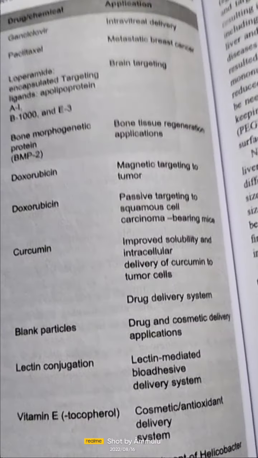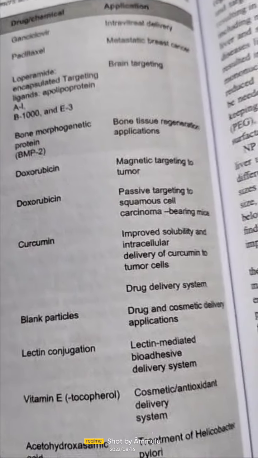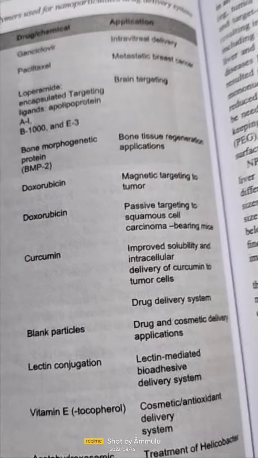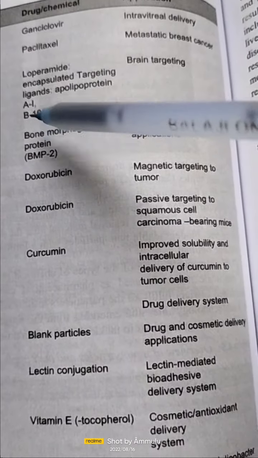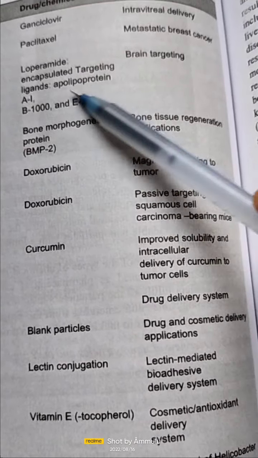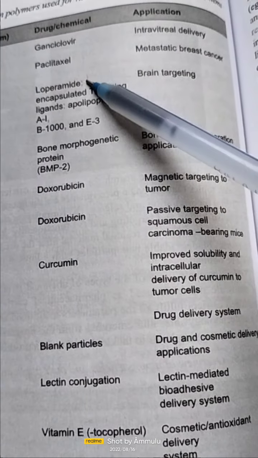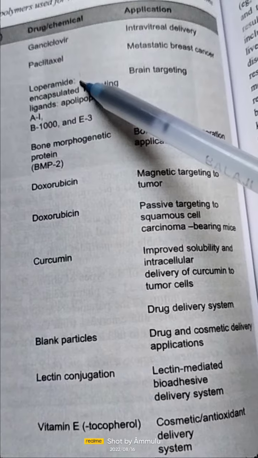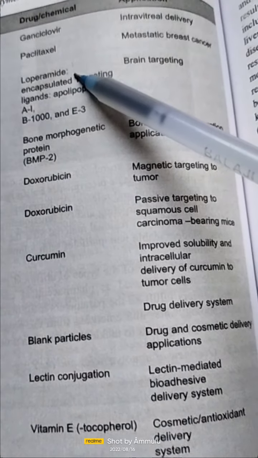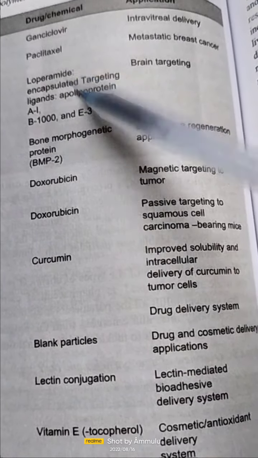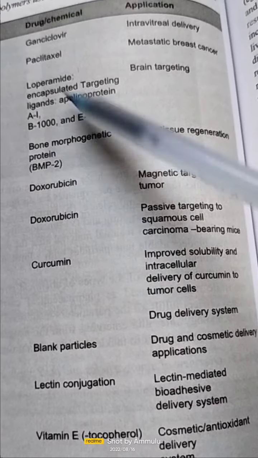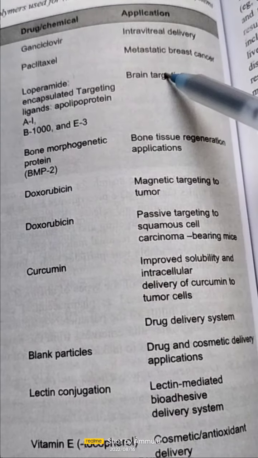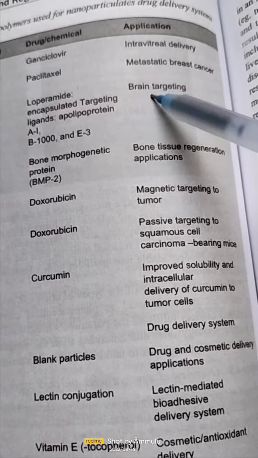And most of the drugs in our body bind to the human serum albumin. Loperamide is also a drug taken in 200 to 240 nanometers particle size. It binds to the human serum albumin, and loperamide is used for brain targeting. Okay, note down this point.